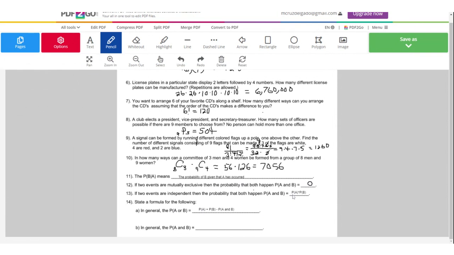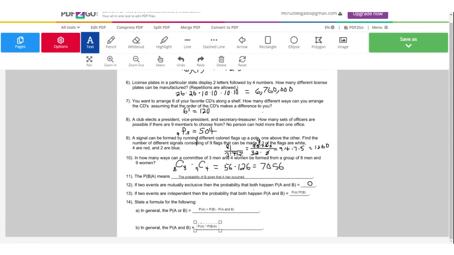And then the counterpart for the AND rule is if they're independent, then you're just going to multiply the probability of A times the probability of B. So the general formula looks kind of convoluted, but so that's the general formula.